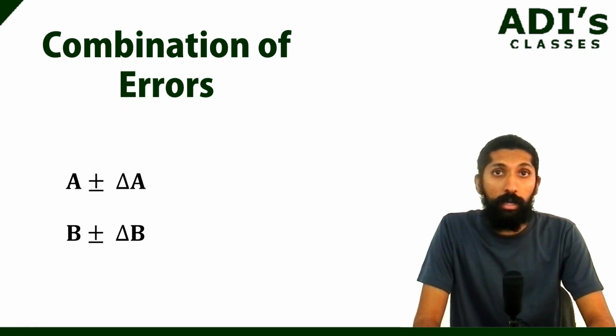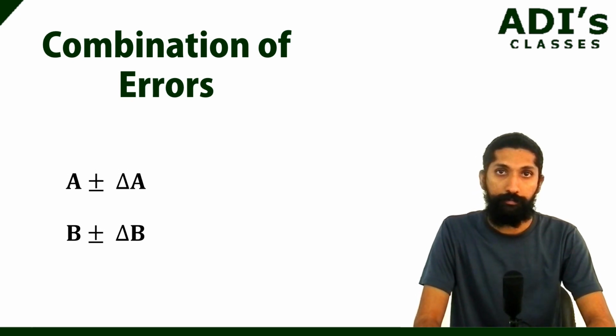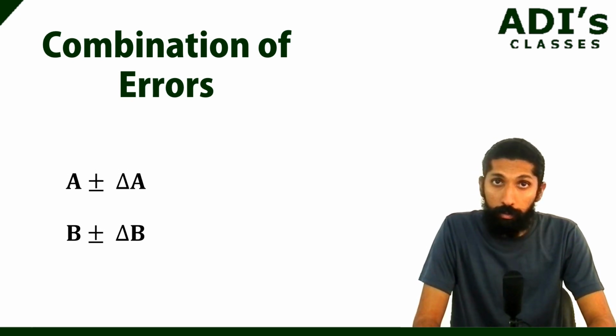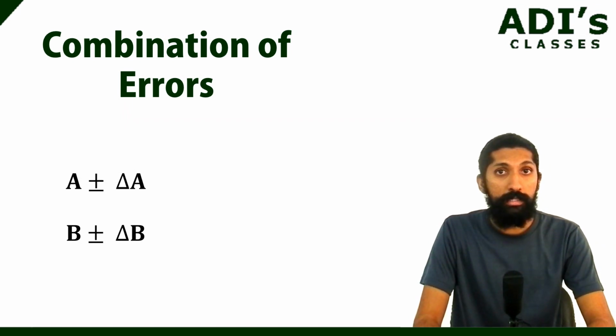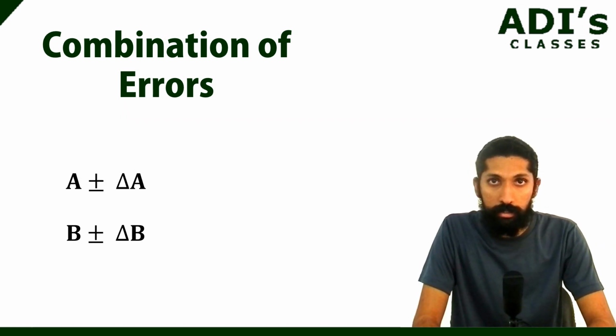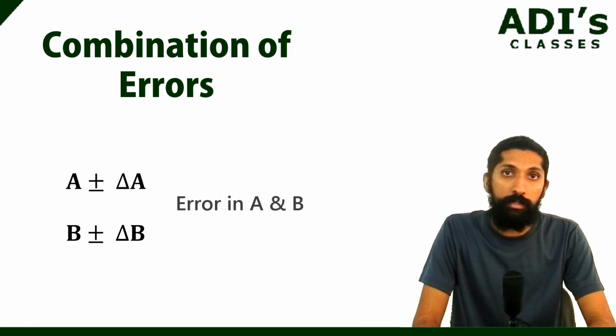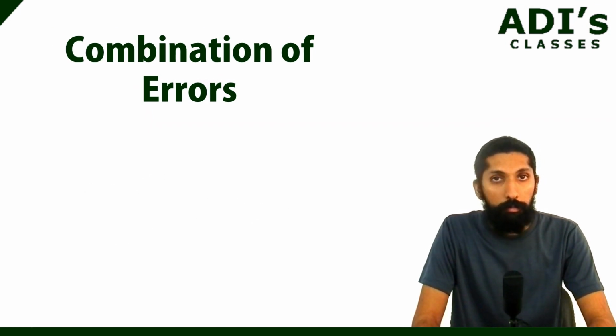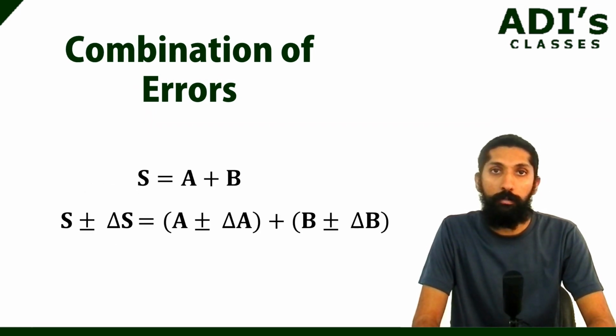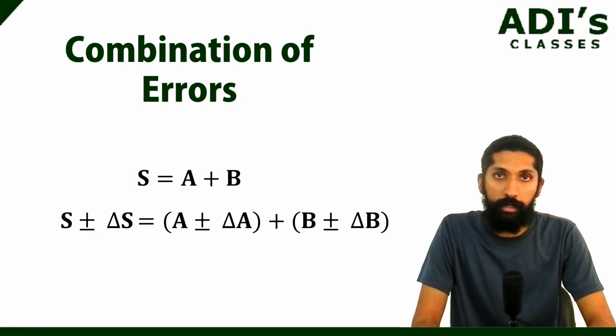Now what are we trying to calculate? We are trying to calculate the error in the sum, isn't it? So what do you get now? You get S plus or minus delta S is equal to A plus or minus delta A plus B plus or minus delta B. Correct?